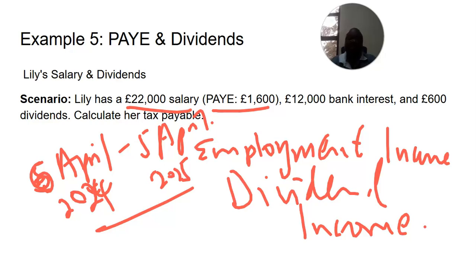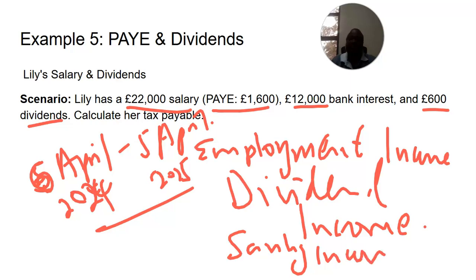Usually PAYE is deducted on a monthly basis. Then she earned 12,000 pounds of bank interest. She also earned 600 pounds in dividends. So an additional income there was savings income.